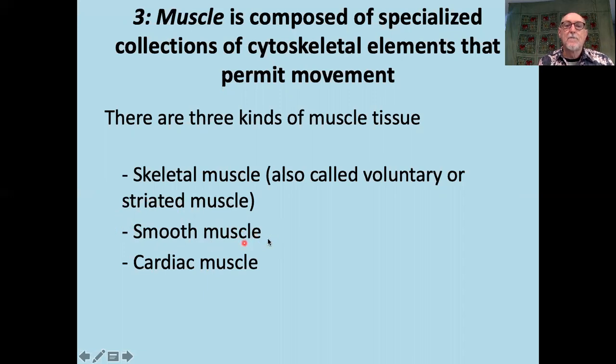The next kind of muscle is called smooth muscle. And this is muscle which is not under voluntary control at all. It is under nervous control, but it's under control of a part of our nervous system that we don't have voluntary control over. It's called the autonomic nervous system. We'll learn about it later on.